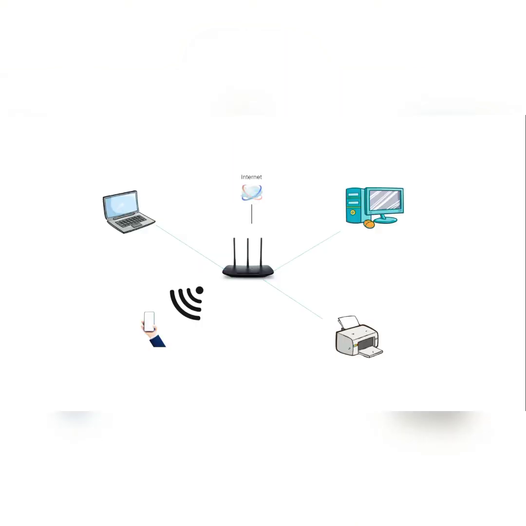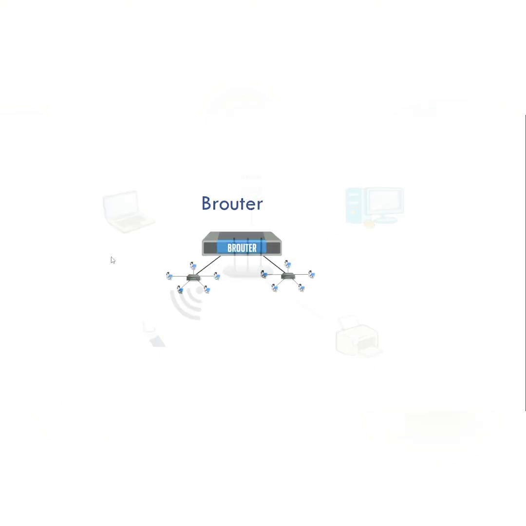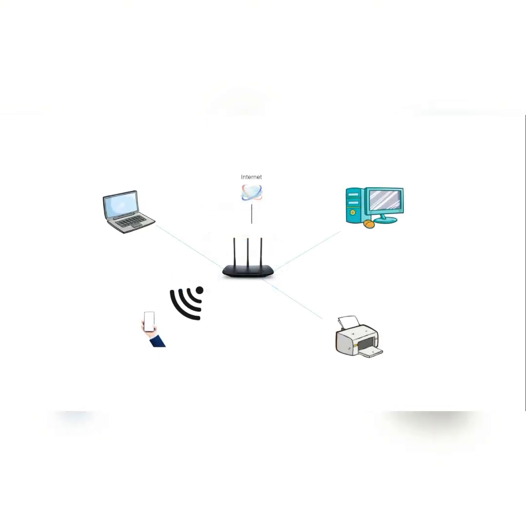So there is a diagram. This is how your router works. When the data comes from the internet to your router, your router is connected to a LAN, which is your home network, to which your computer, laptop and printer are connected through wires, and wireless networks are also available.